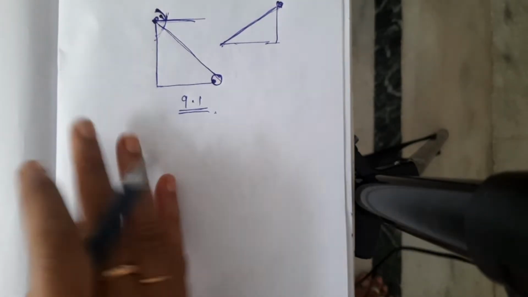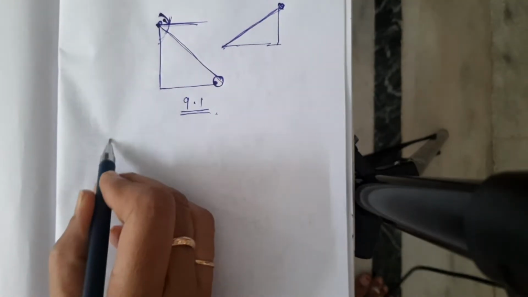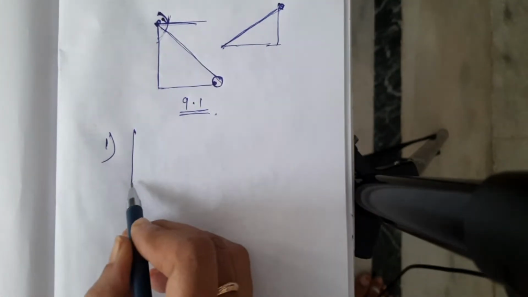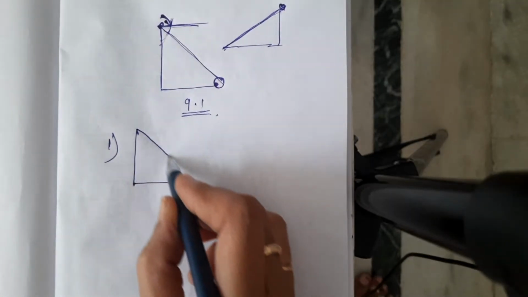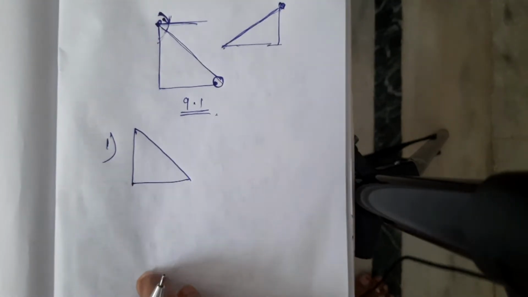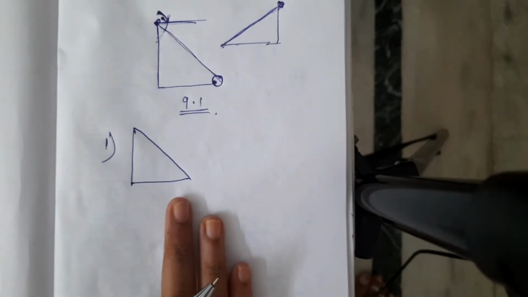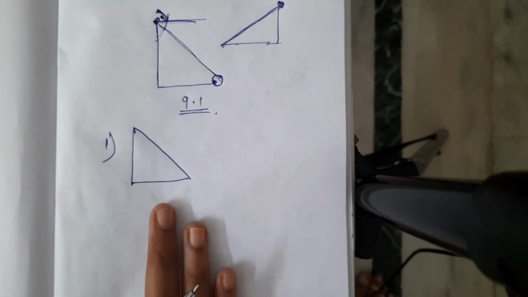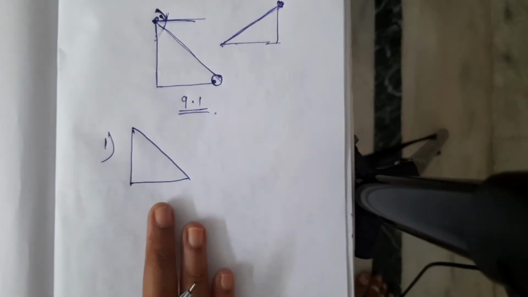For every kind of question, you need to make a right angle triangle only. As this is trigonometry and all of you are clear that trigonometry is based on the right angle triangle. As per the question, we are going to decide which things are there and what we need to find out.